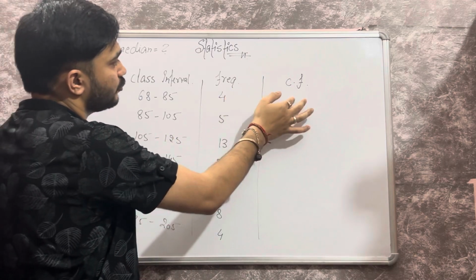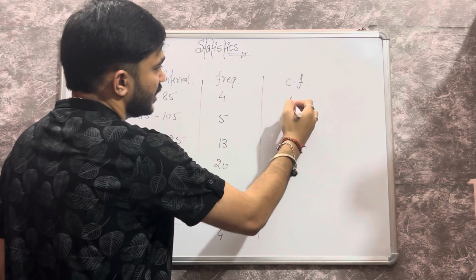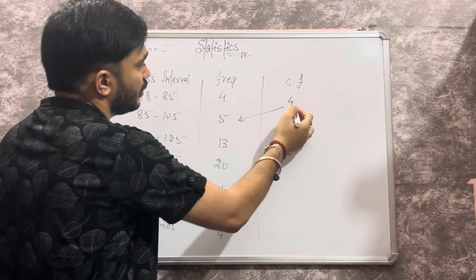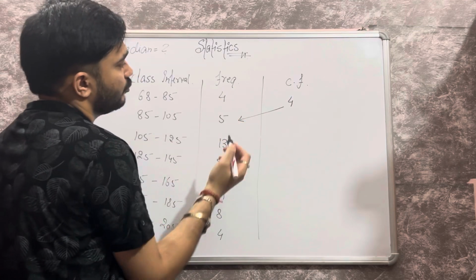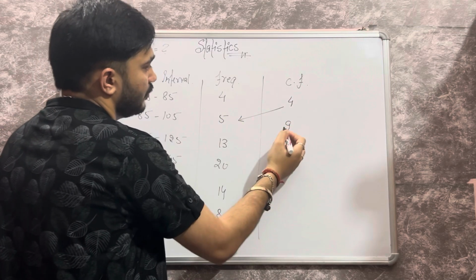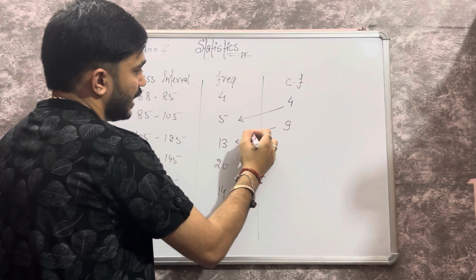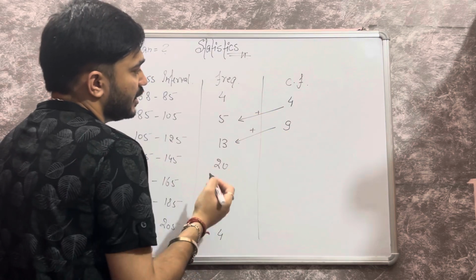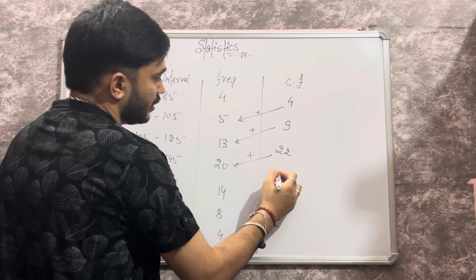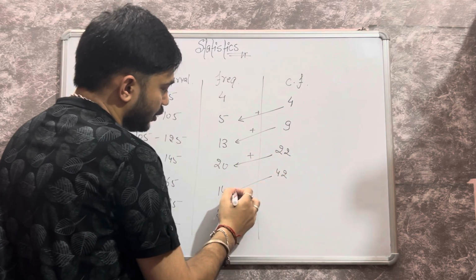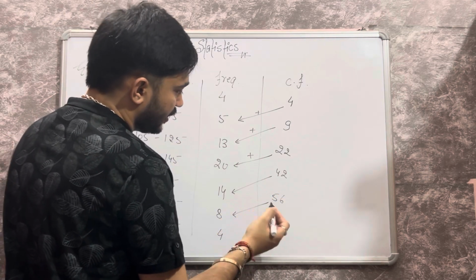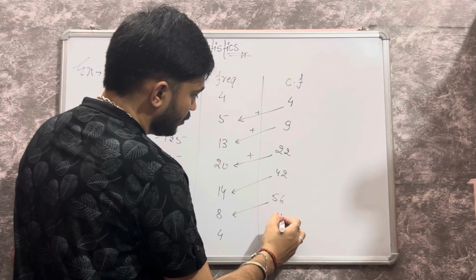Write the first frequency as it is and then add the cumulative frequency to the next frequency. 4 plus 5 is 9. 9 plus 13 is 22. 22 plus 20 is 42. 42 plus 14 is 56. 56 plus 8 is 64.